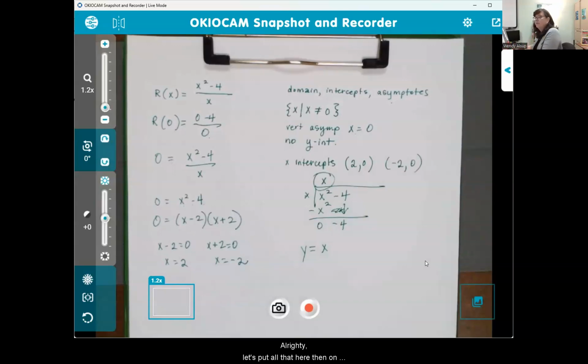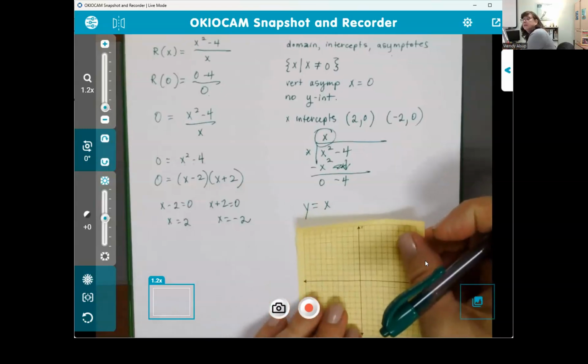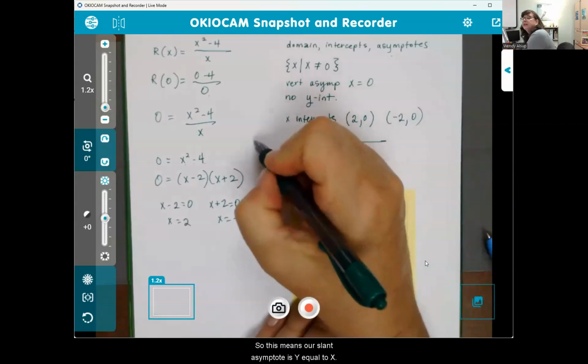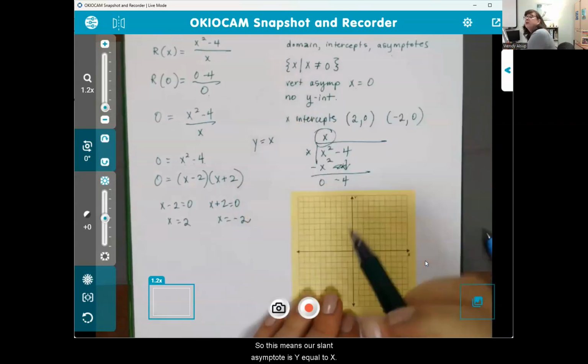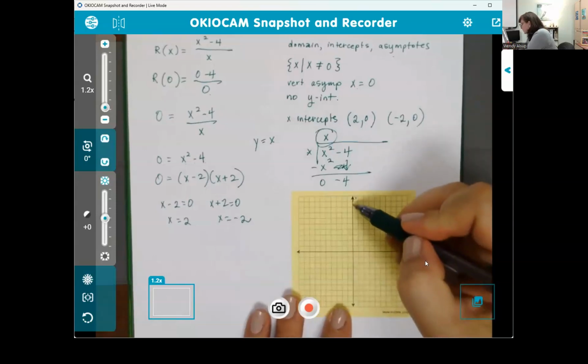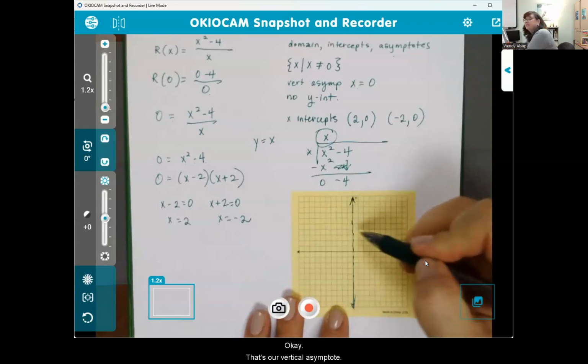All righty. Let's put all that here then on our little graph. Hopefully you can see here, I'll write the y equal to x up higher. Okay, so this means our slant asymptote is y equal to x. All right, so we had a vertical asymptote at x equal to 0. So that's basically the y-axis. Okay, that's our vertical asymptote.